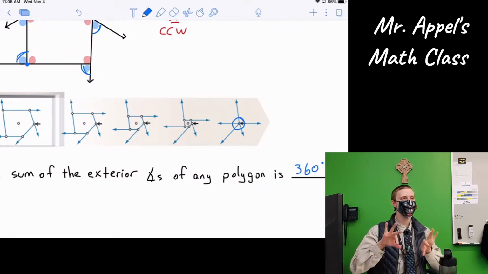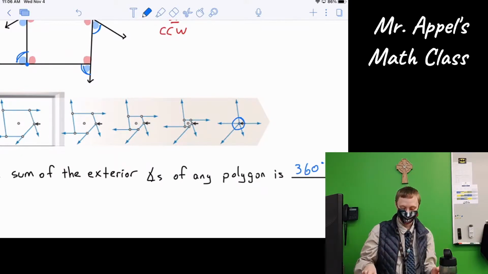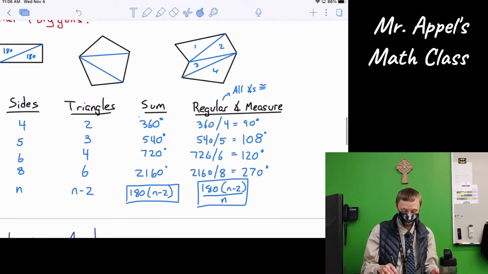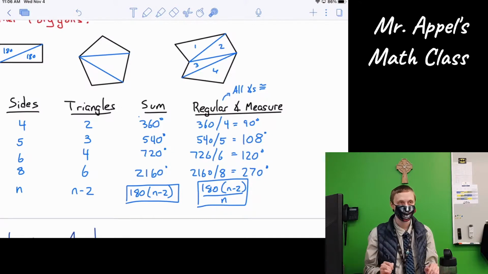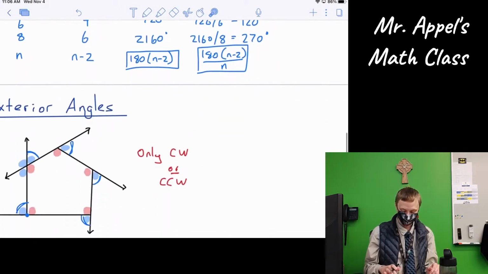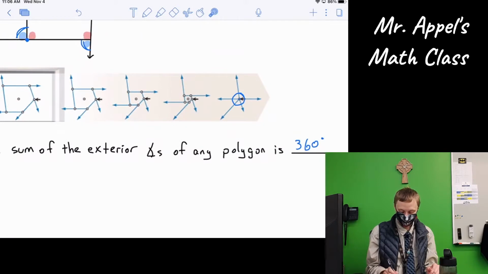The interior angles, well, their sums got bigger and bigger, and the individual angles got bigger and bigger. The exterior always stays the same, always 360. Stuff to think about.